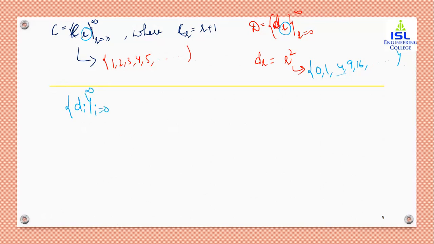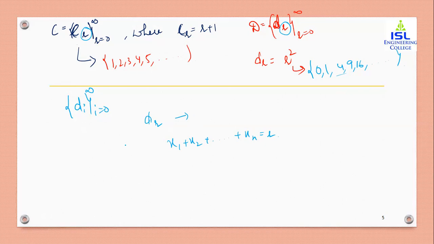Normally, what we are interested in is the sequence where ar is the number of ways to select r objects in some procedure. Now, what does this statement mean? Suppose dr is the number of non-negative integral solutions to the equation x1 plus x2 plus and so on up to xn is equal to r, where n is a positive integer and each x is subject to some condition.